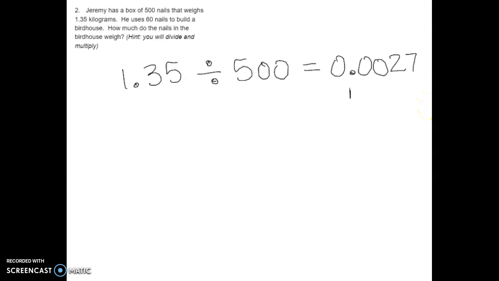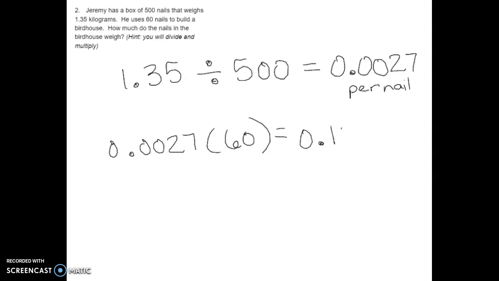So that's the weight per nail. Then I'm going to take that number and multiply by 60. And so my answer would be 0.162 kilograms.